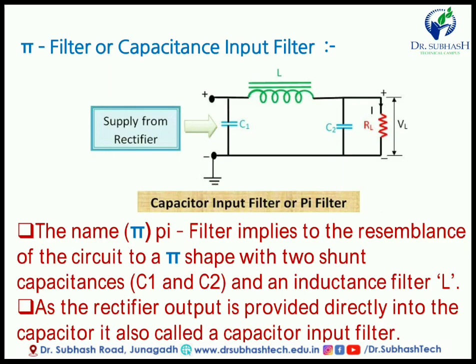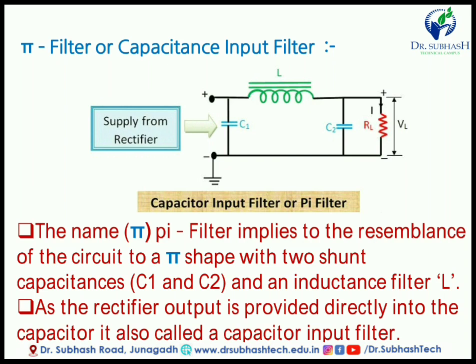In a pi filter, a total of three components are required: first capacitor 1, then capacitor 2, then an inductor. Two capacitors and one inductor are connected such that they form the letter pi. Here two parallel capacitors are connected and one series inductor is connected with RL, and it becomes the pi filter.